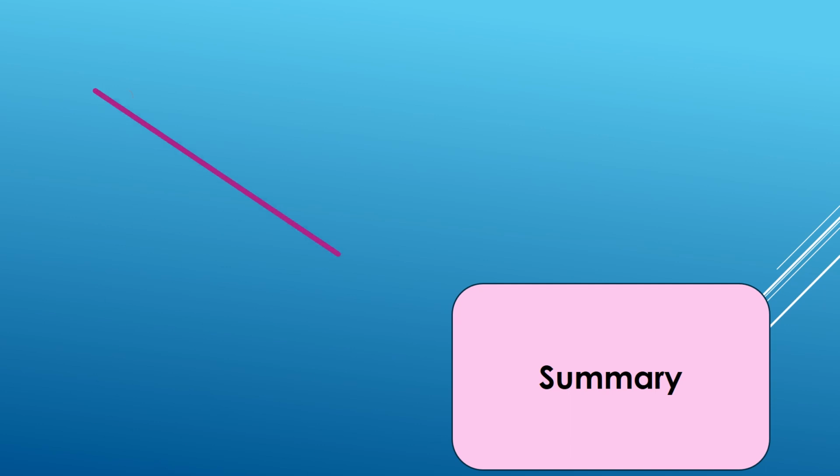Now, what do we call this in math? Perfect. We call it a line segment. We can draw so many line segments, and we see them every day, and they are around us all the time. Now, what if we draw another line segment? The two line segments meet at one point.